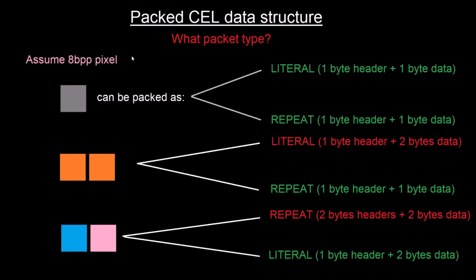For example, simple examples, and assume it's 8 bits per pixel, 8 bpp. This one, you can pack it in 2 ways. It can be a literal, 1 byte header and the pixel value. It can be a repeat, 1 byte header and 1 byte data.